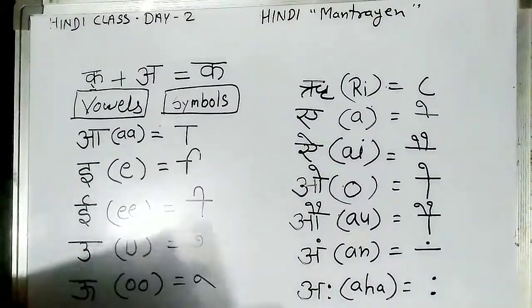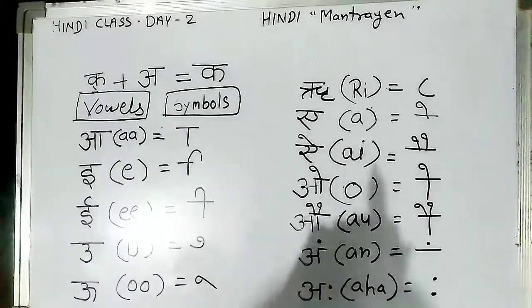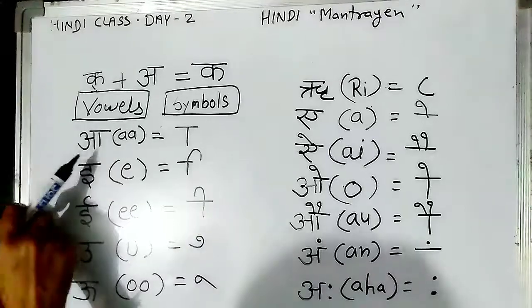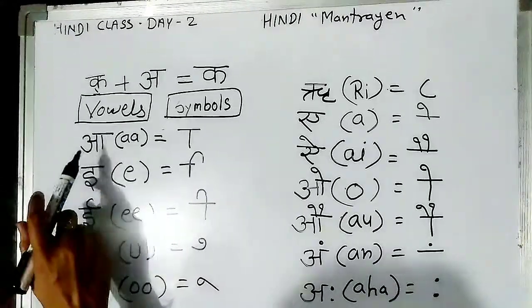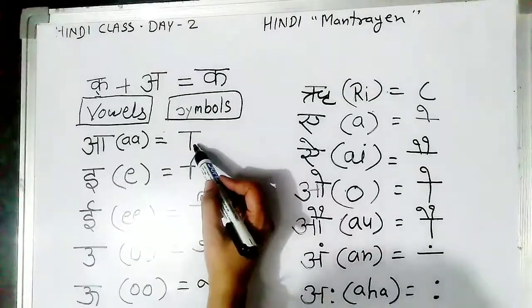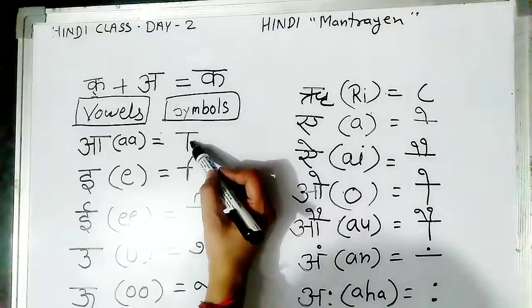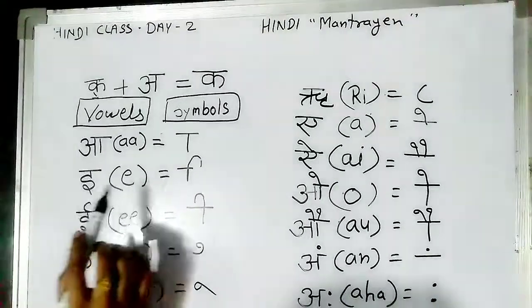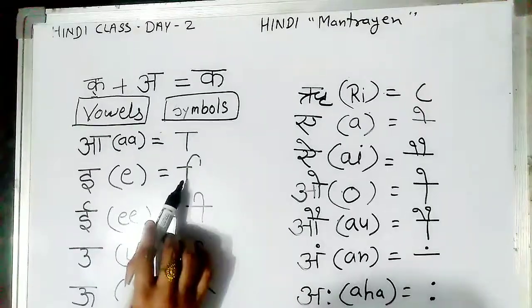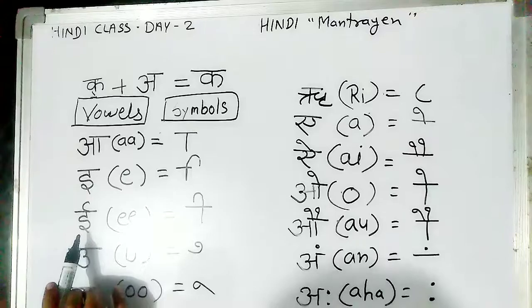Let's learn Hindi matras. So guys, this is the vowel a, and this is the matra of a, the symbol of a. E, this is the matra of small e.